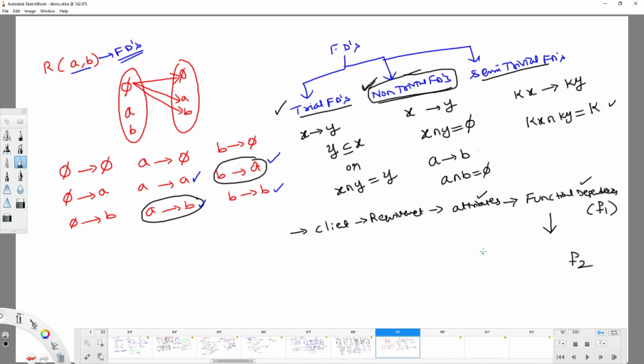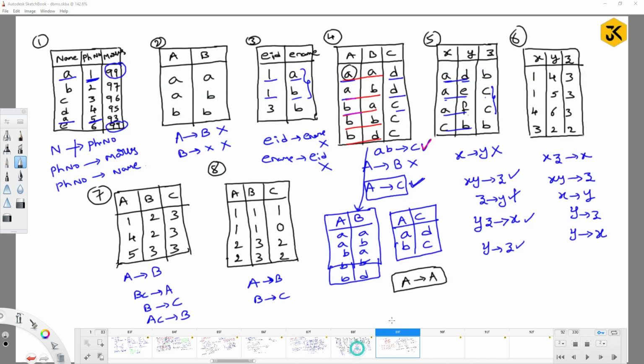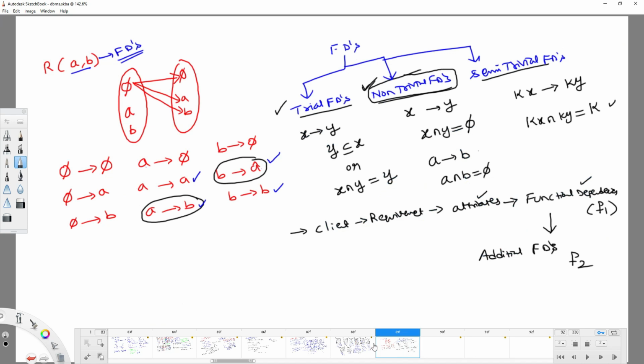We can call them additional functional dependencies. Is it possible to generate some other functional dependencies? See, as for the examples here, I tried to write only these few functional dependencies. But are there any other functional dependencies possible? Yes, we can call them simply additional functional dependencies.